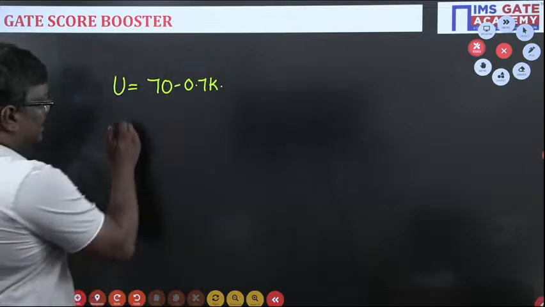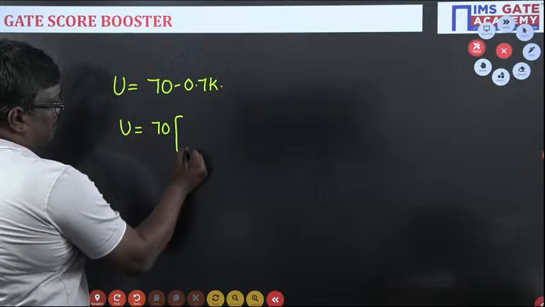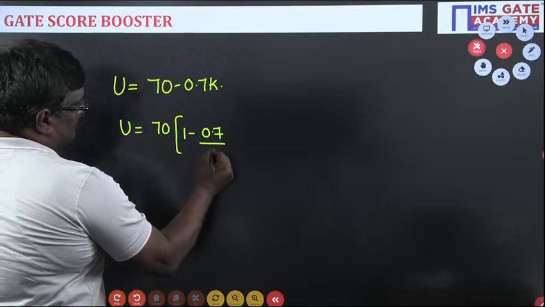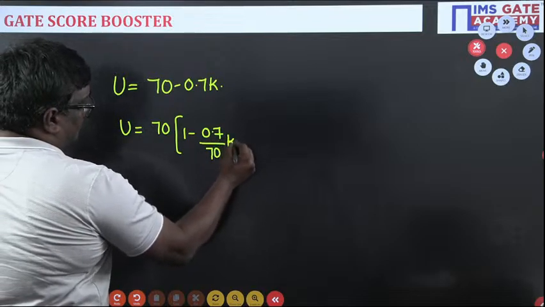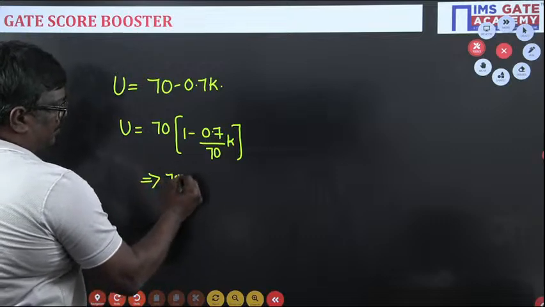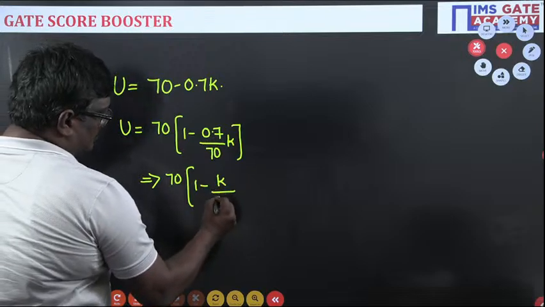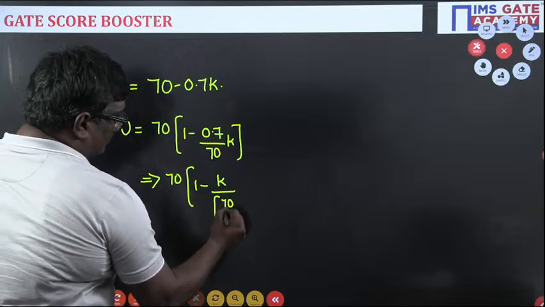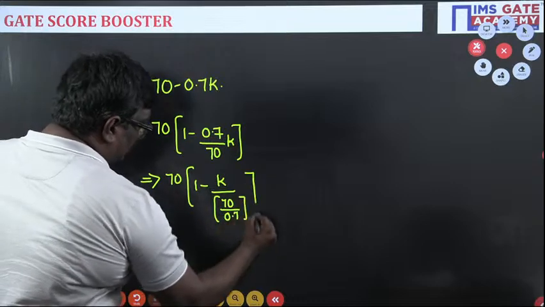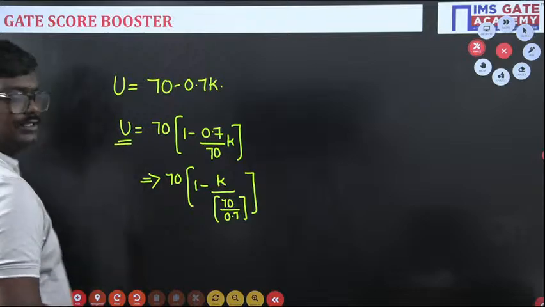Here I can write this as U is equal to 70 into (1 minus 0.7 upon 70 into k). Now this again I will write as 70 into (1 minus k upon 70 divided by 0.7). This is U, that is velocity.